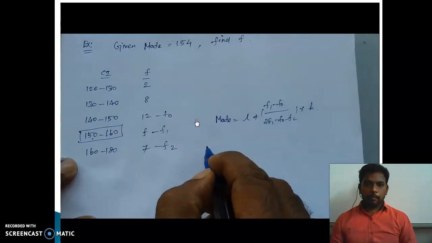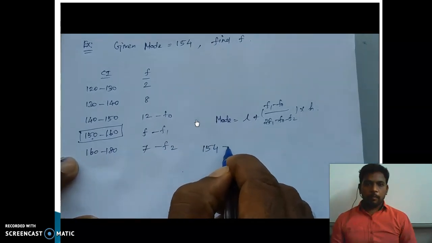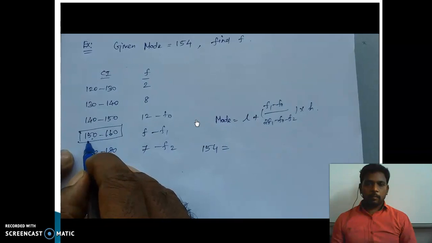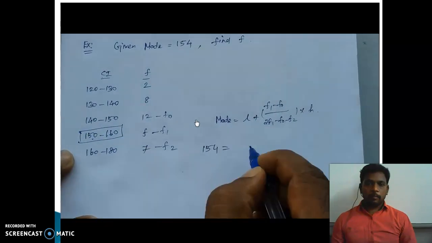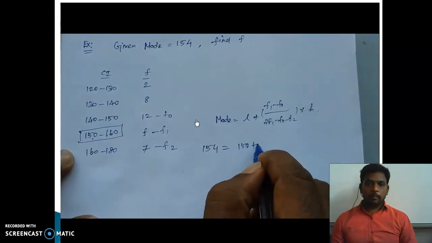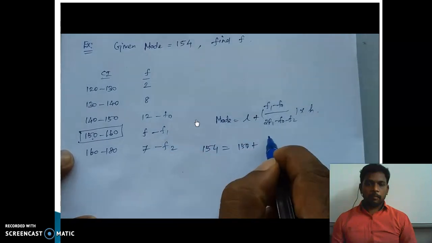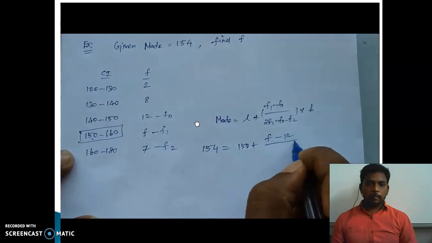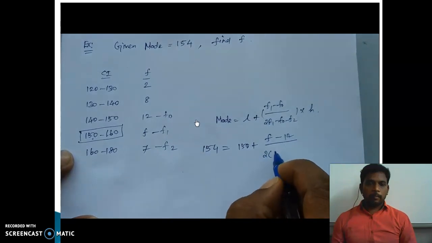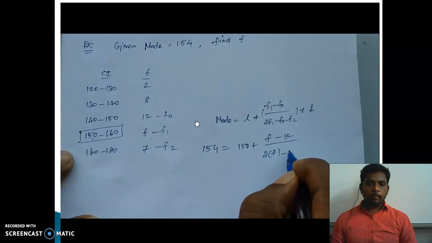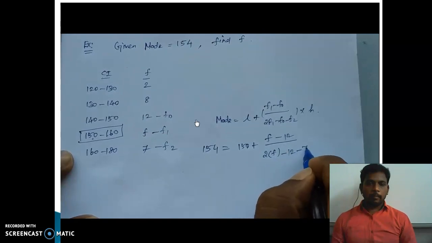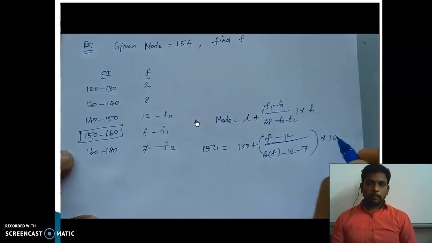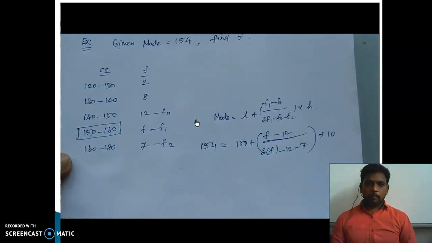Mode is given as 154, equal to L, the lower limit of the modal class, 150, plus (f1 value f minus f0 value 12) divided by (2 into f1 f minus f0 12 minus f2 7), into the length of class interval 10, right?